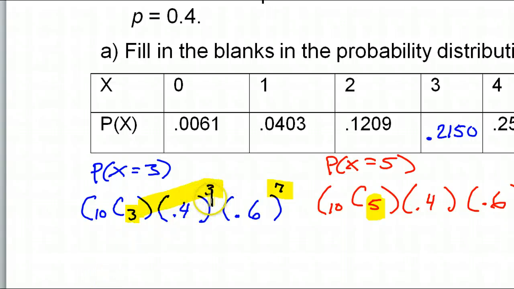So really there are two things that are changing each time: the number of successes, which shows up in two different places, and the number of failures. And of course these two things I just highlighted have to add up to the total, which doesn't change. Just keep that in mind of what changes and what doesn't change.